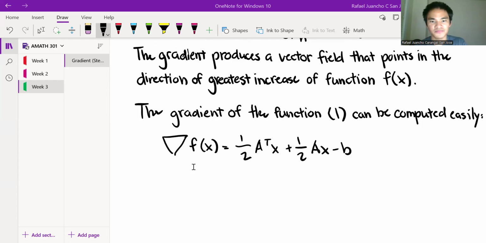But yeah, what else? Let me actually try to dissect this. Let's talk about gradient first before descending.